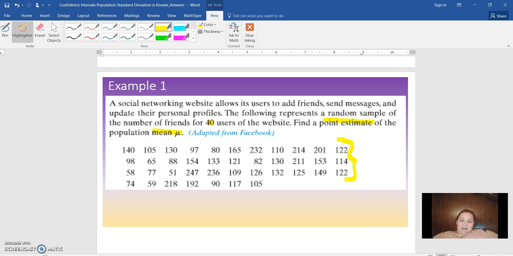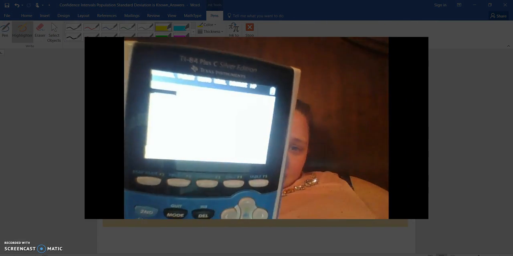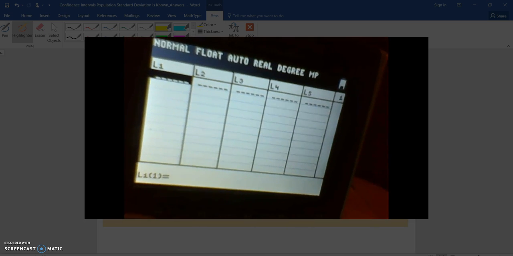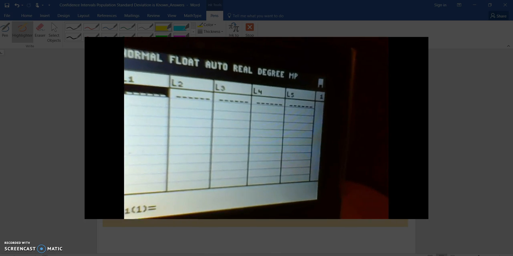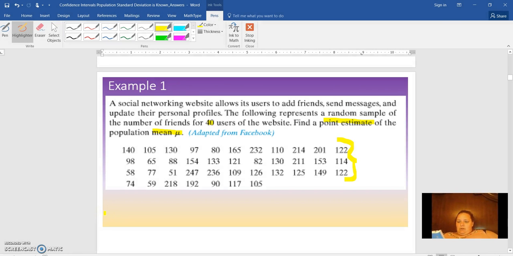And we can do that one of two ways. We can add them all up and divide by 40, or what I'm going to do is put it in my list. And so to get that list, I did edit, then I went to list. All right, so I'm going to type it in really quick.